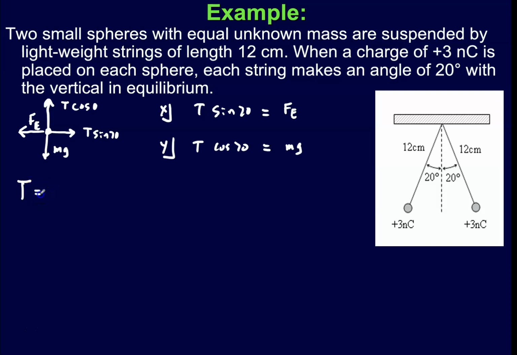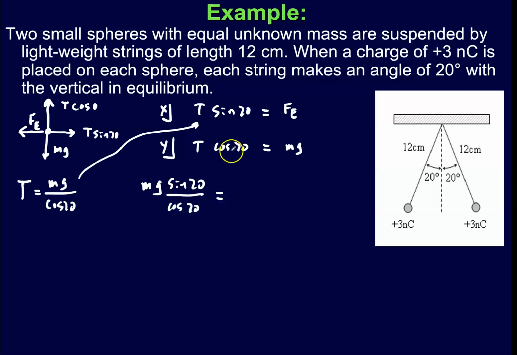I can say that T is equal to mg divided by cosine 20, and then plug it into the T over here and get rid of T because you don't care about that. And so you'll get mg sine of 20 over cosine of 20, and that's going to equal, again, the force of the electric.